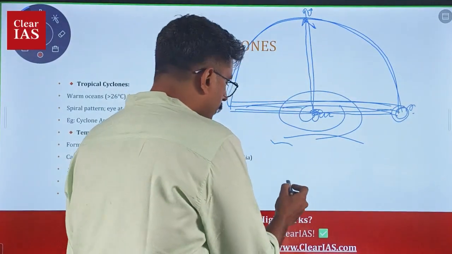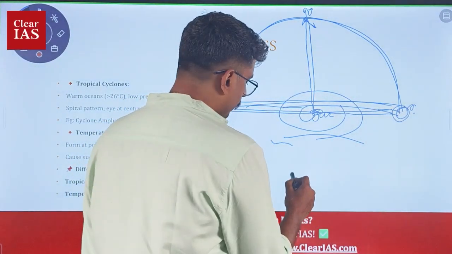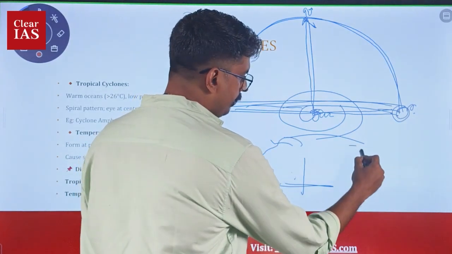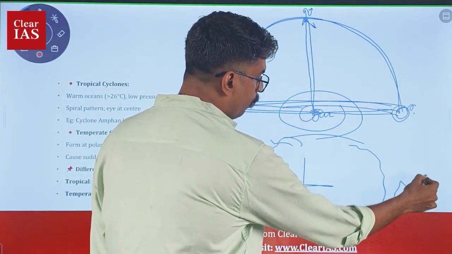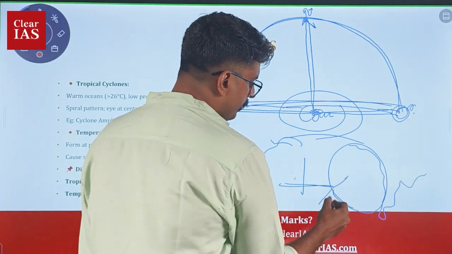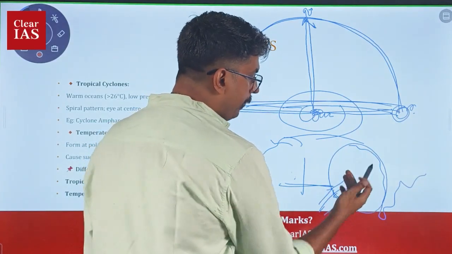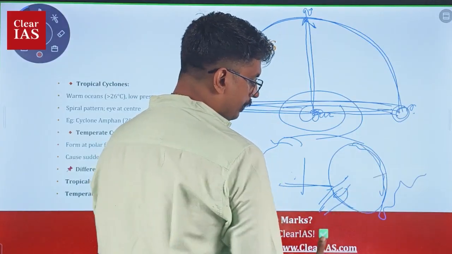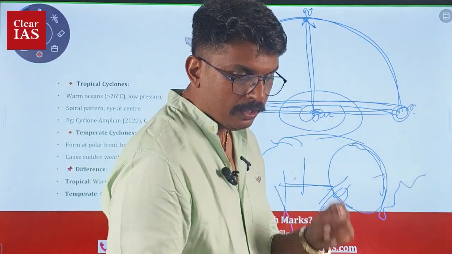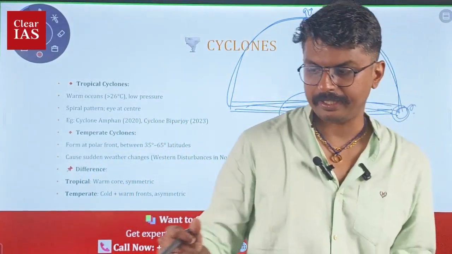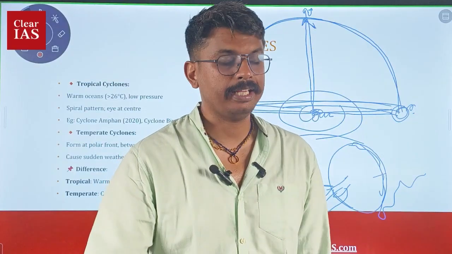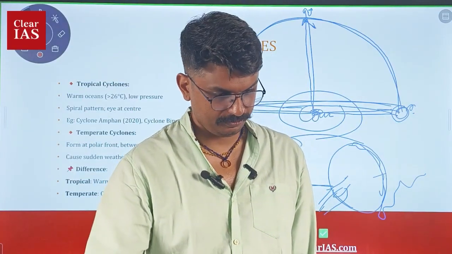But as I said, take out the map and check the Arabian Sea. The bottom part is completely open, whereas the Bay of Bengal is comparatively more closed. When it is closed, the water mixing with other parts is reduced, so it gets heated and can maintain the temperature. The Arabian Sea is more open, so it is more rarely that the temperature reaches 26.5 degrees Celsius. So it has fewer cyclones.